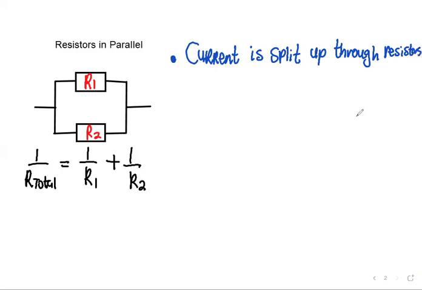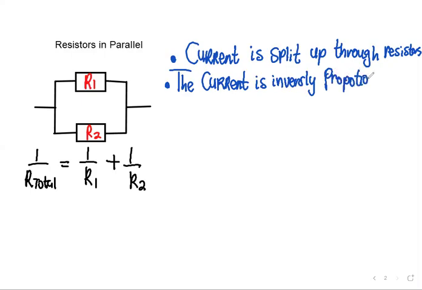The second point is that the current is inversely proportional to the resistance.